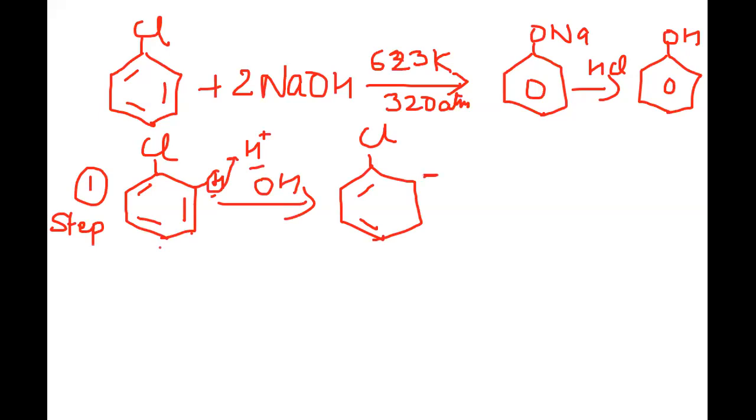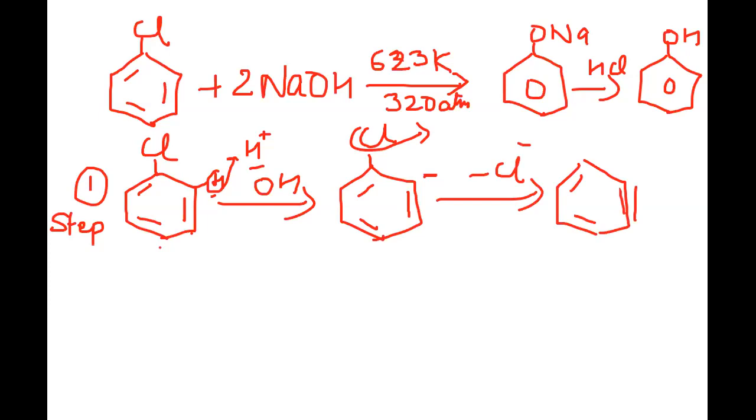In the next step, the chloride ion leaves, and there should be a bond here also. So what is happening here is a benzyne is obtained. So this is going to be like this, and a triple bond is formed here. This is the benzyne that is formed.